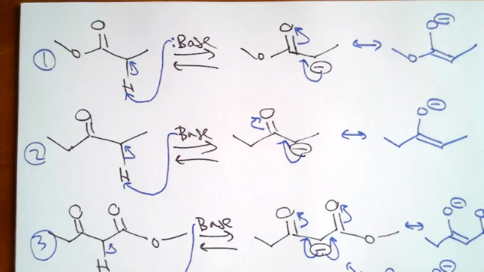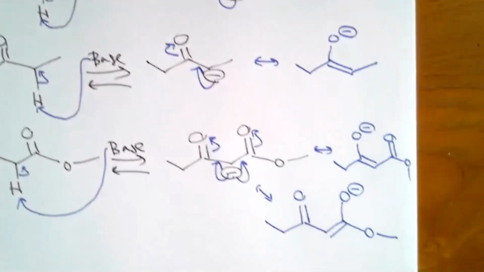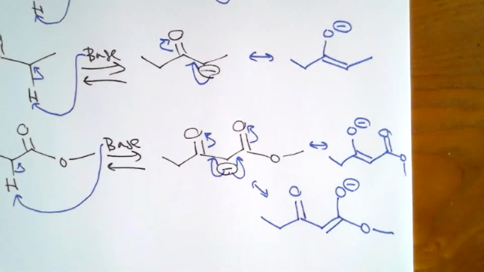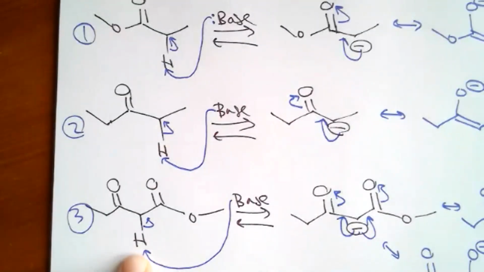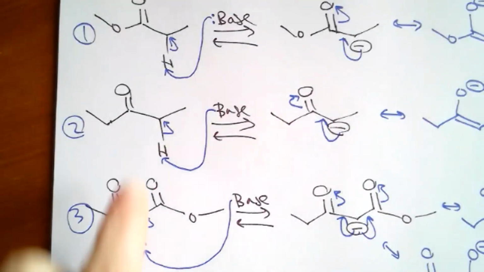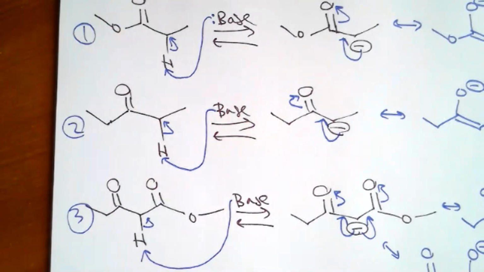The strongest acid has the most stable conjugate base, and the most stable conjugate base has the more resonance pictures. So this bottom acid is stronger than these previous two acids.